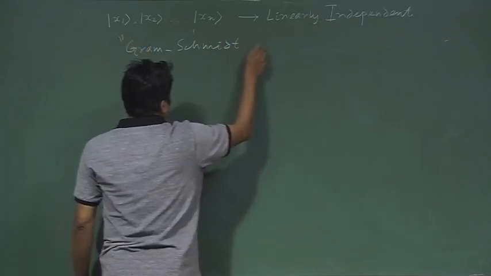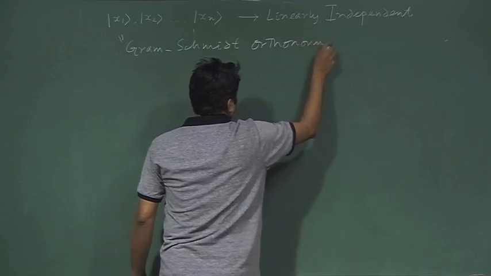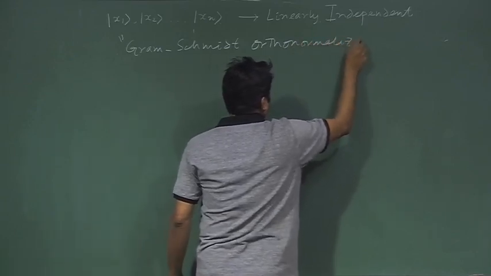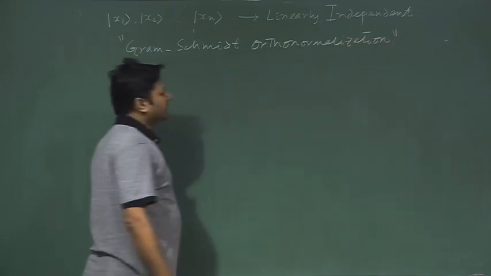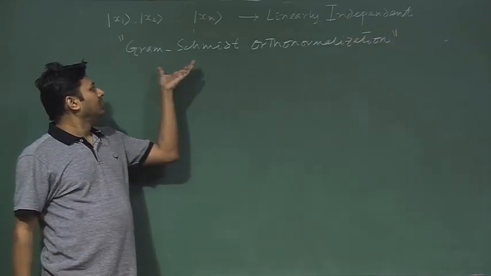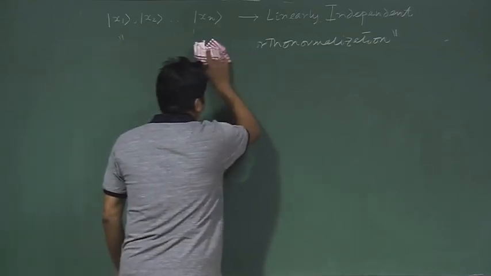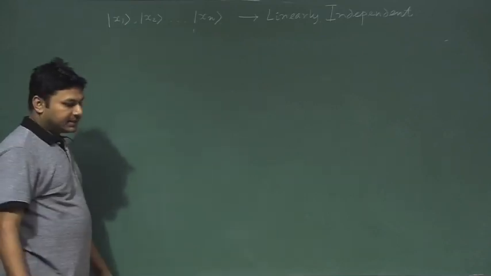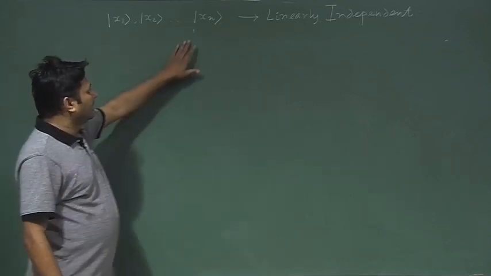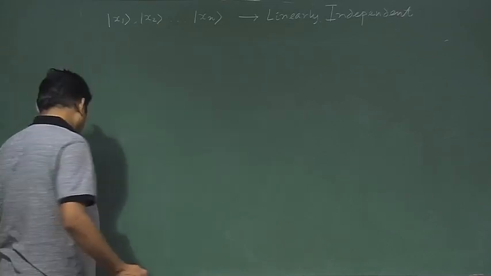Gram-Schmidt orthonormalization. This specific process is called Gram-Schmidt orthonormalization. So let us start with that. How do I choose my vectors y1, y2, y3 so that they are orthonormal to each other from this set of linearly independent vectors?